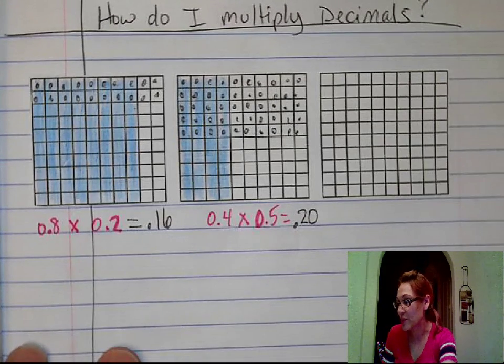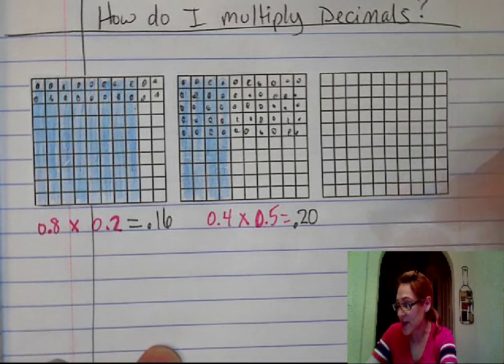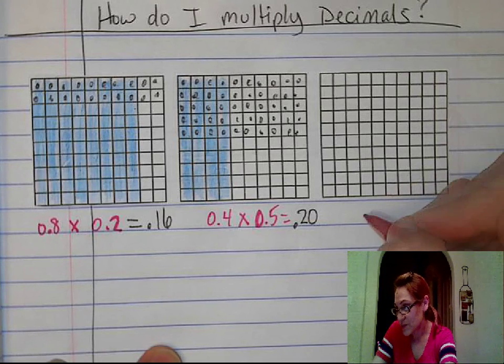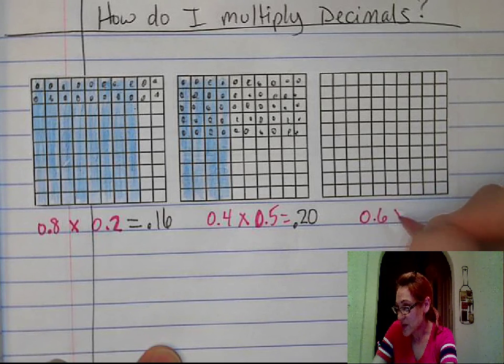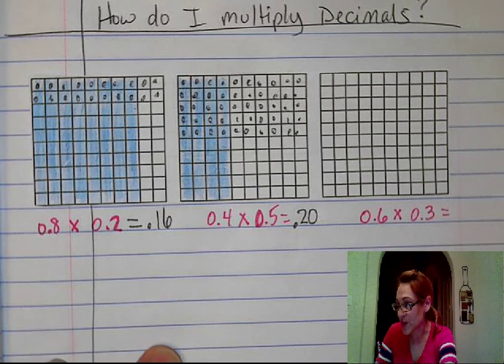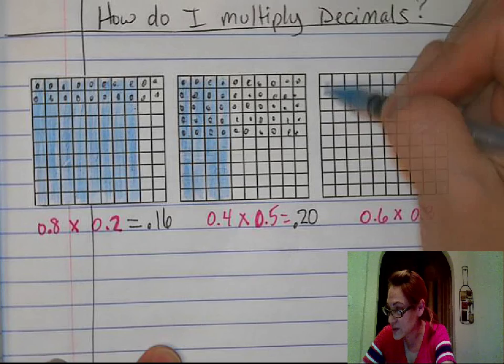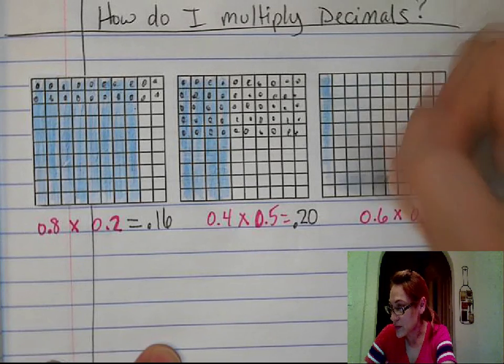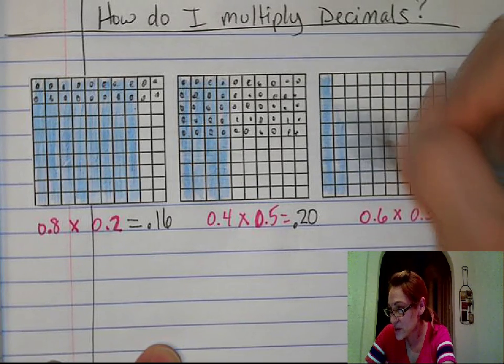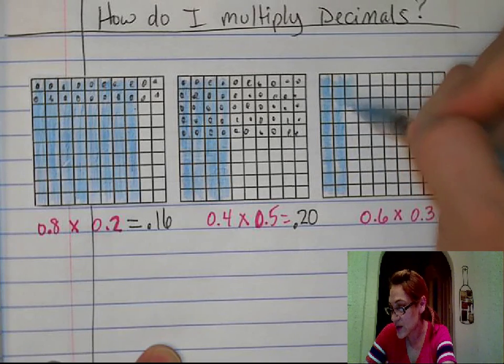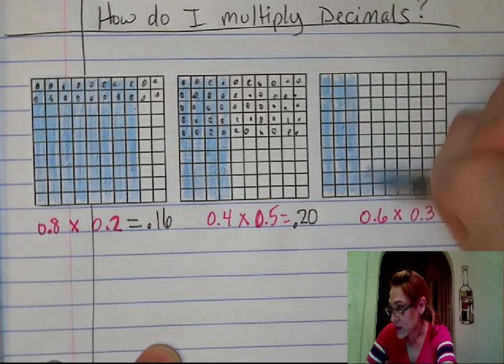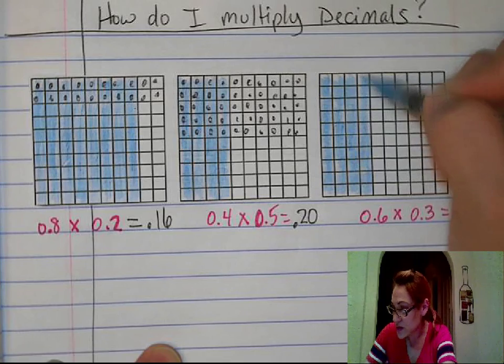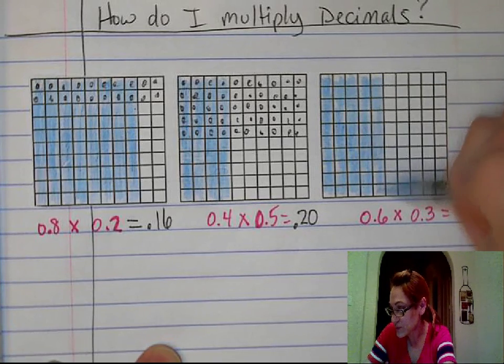So let's say we have 6/10 times 3/10. Alright, so we're going to shade in 6/10. Okay, 2/10, 3/10, 4/10, 5/10, finally 6/10.